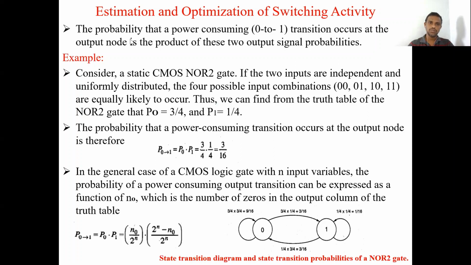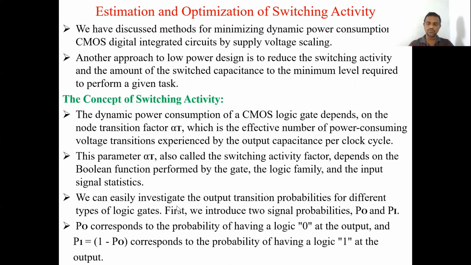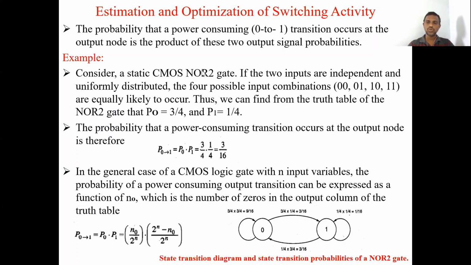The probability that a power consuming 0 to 1 transition occurs at the output node is the product of these two output signal probabilities. If you multiply those two output signal probabilities, you will get the probability of power consuming transition.